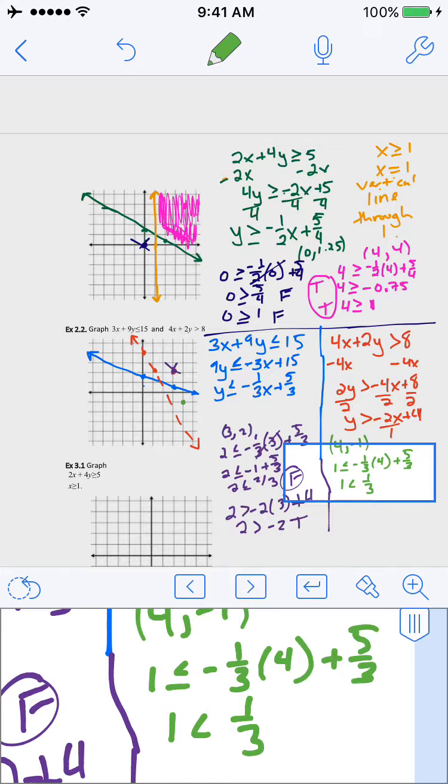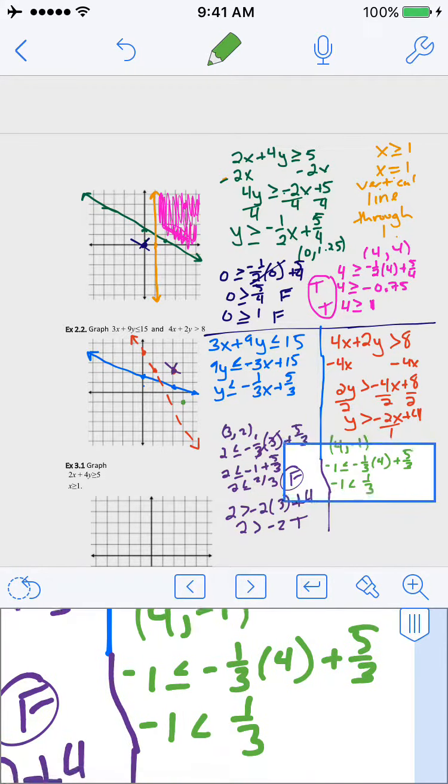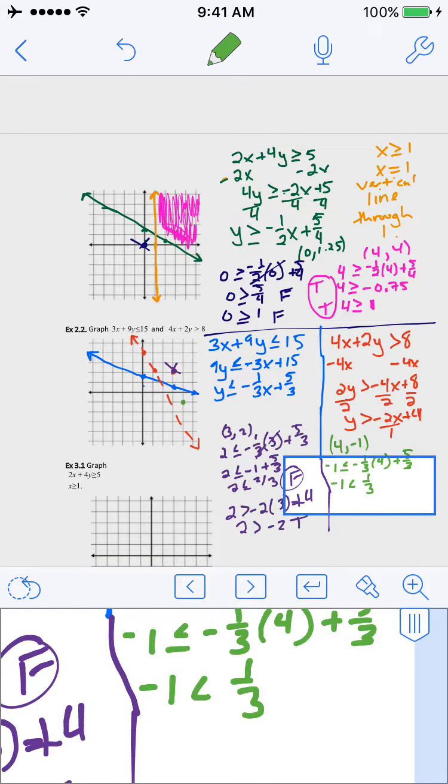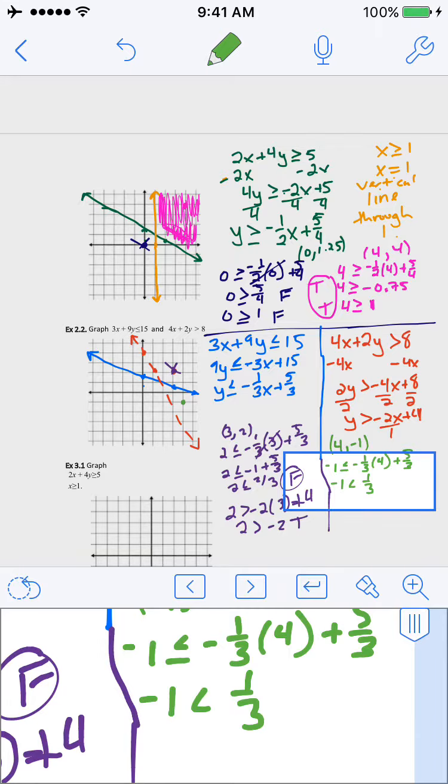Oh, negative 1, I'm sorry. Our point was for negative 1. So negative 1 is less than or equal to negative 1/3 times 4 plus 5/3. Is negative 1 less than or equal to 1/3? Yes, that is a true statement.